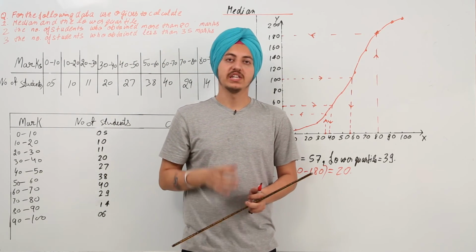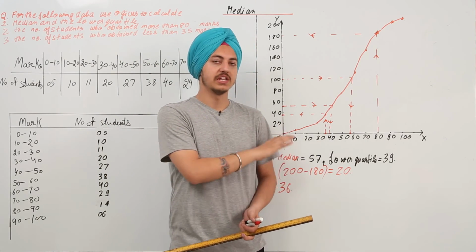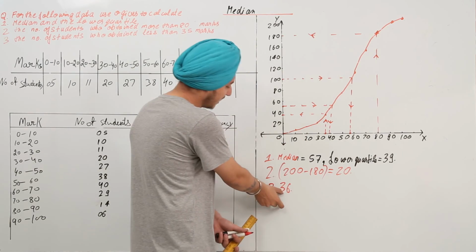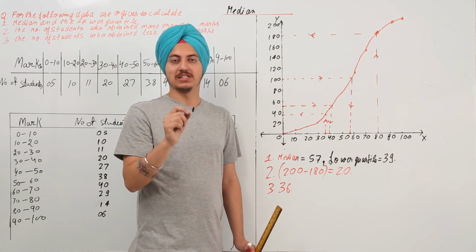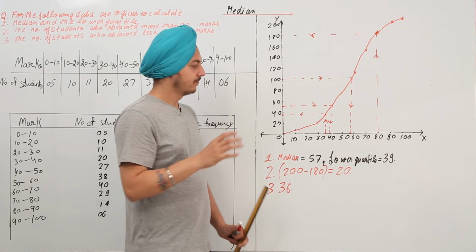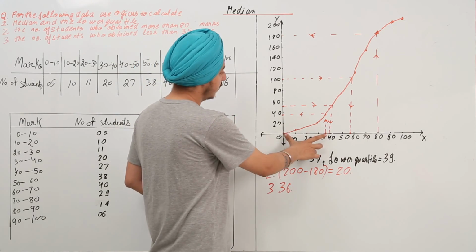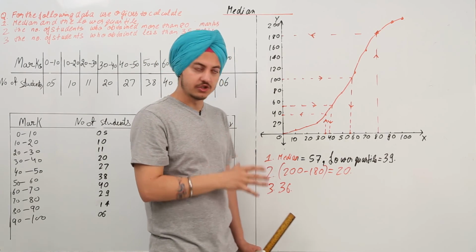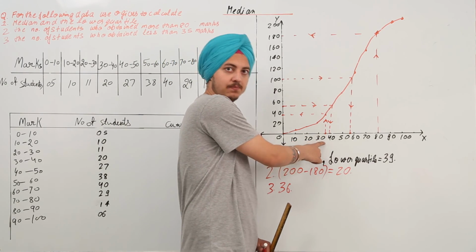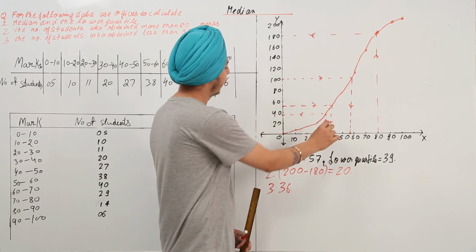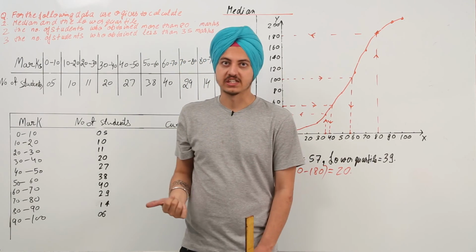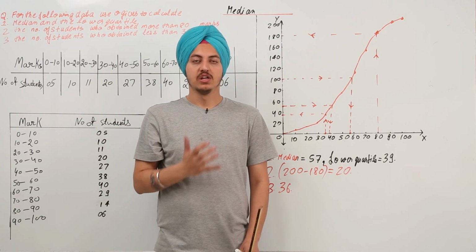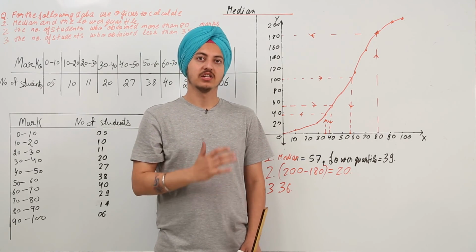You have to write each and everything that comes across in this question. So how do we write this? We write the number of students which have marks less than 35 are, how do we calculate them? Those will be the ordinate corresponding to 35. So the ordinate corresponding to 35 is 36. That is how we calculate the students who have marks less than 35.